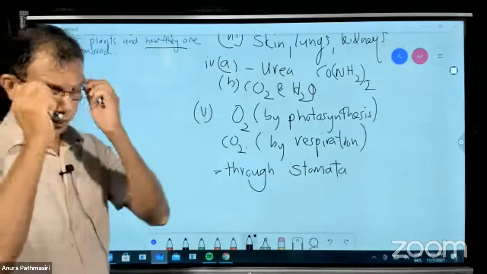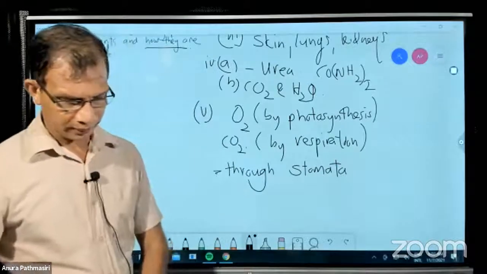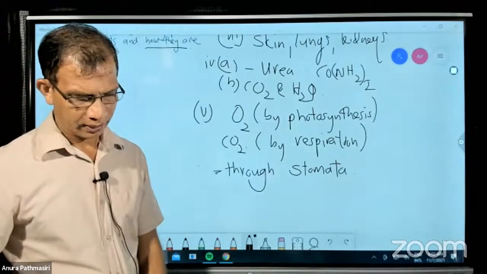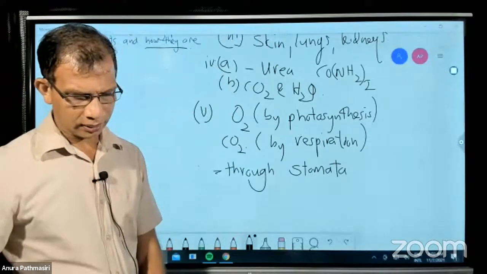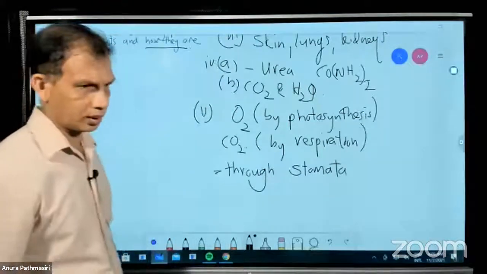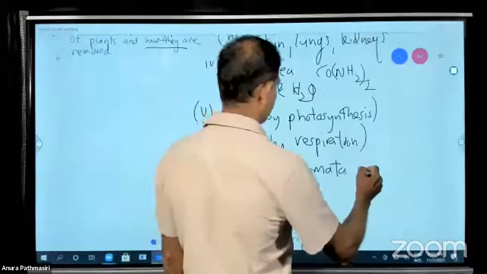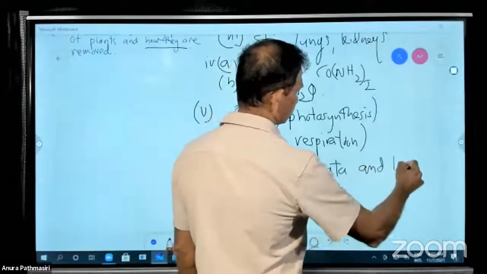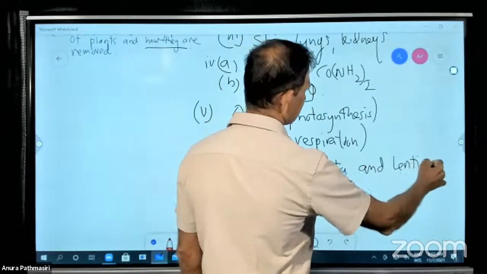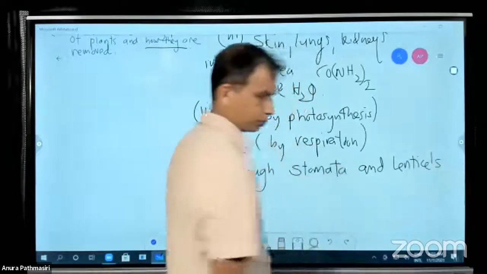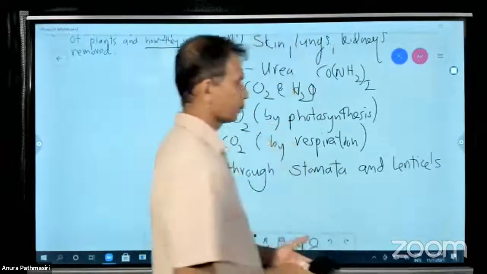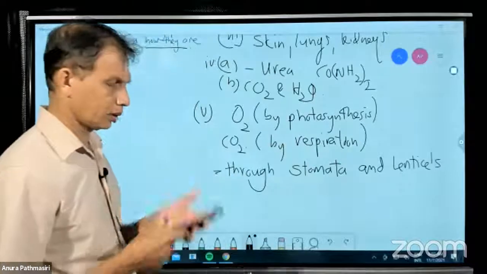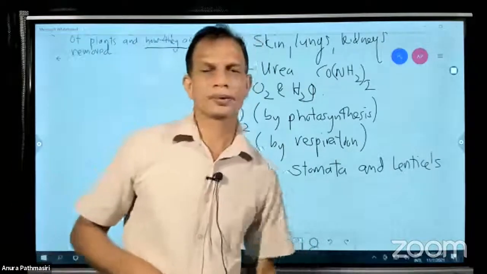The other one, what is it? Lenticels. Stomata and lenticels, small holes.